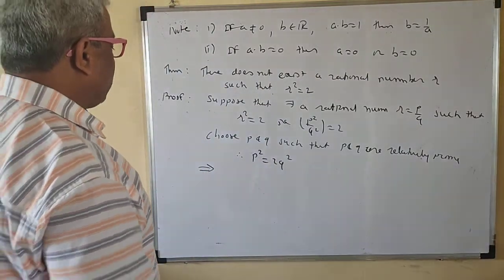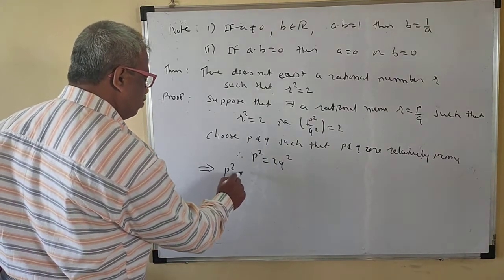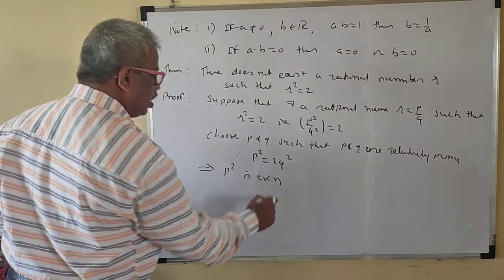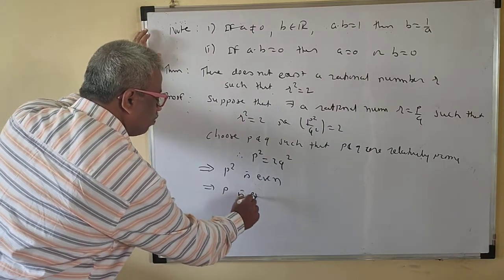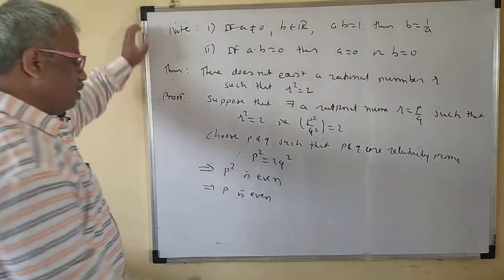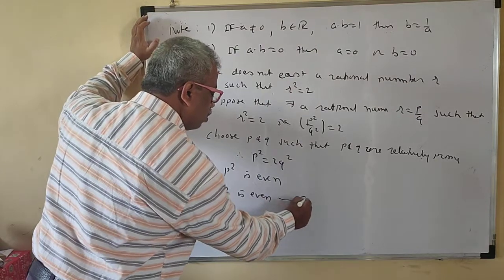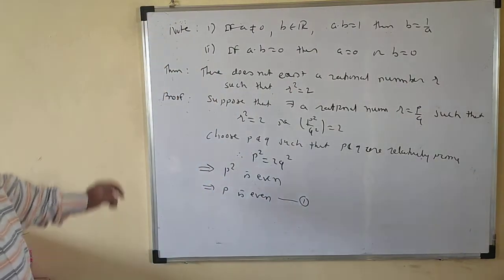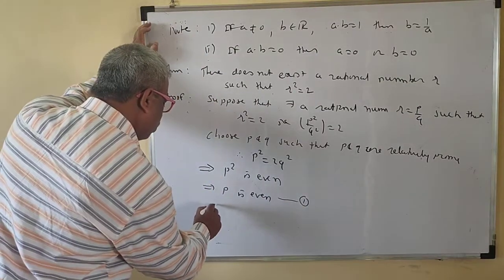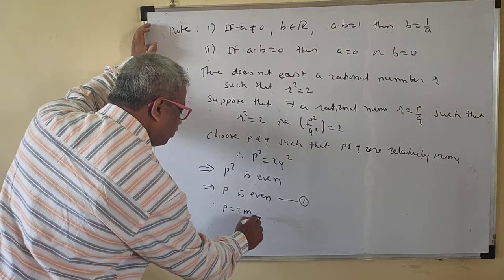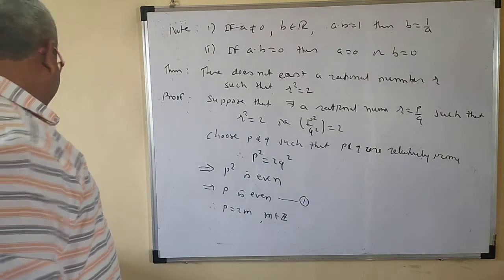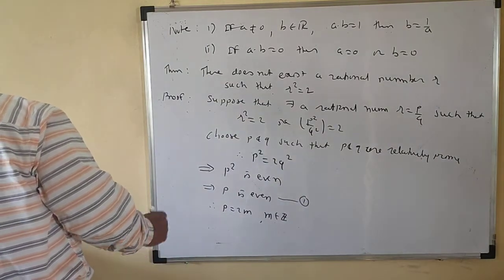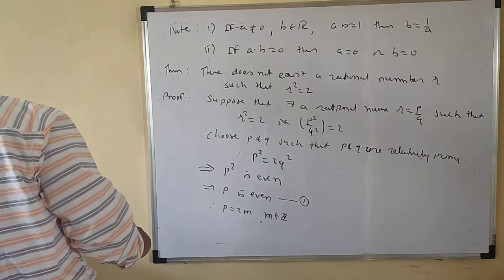Okay. So this implies that P square is even. So this implies that P is even. We call this as 1. So P is even. So therefore P is equal to twice M, where M belongs to Z. This is even, that means it is 2 times something like this.